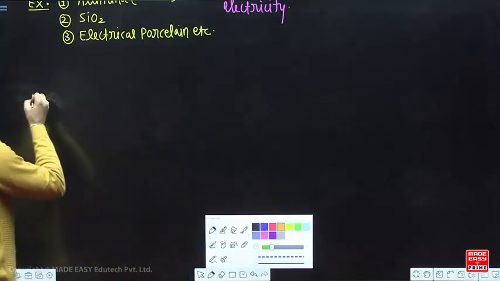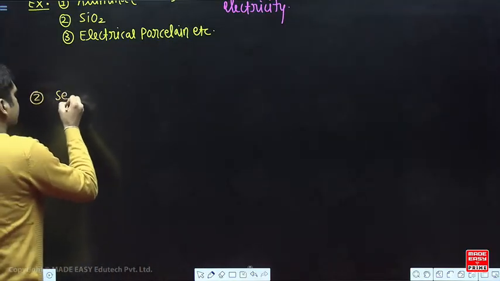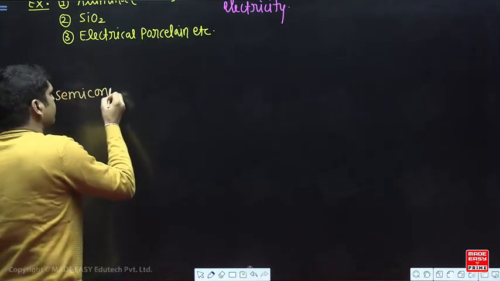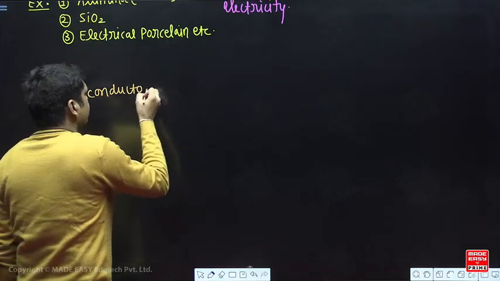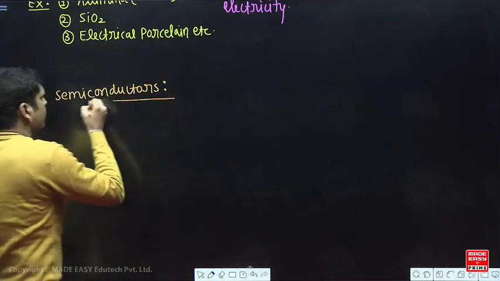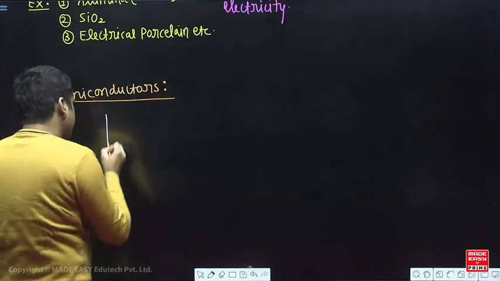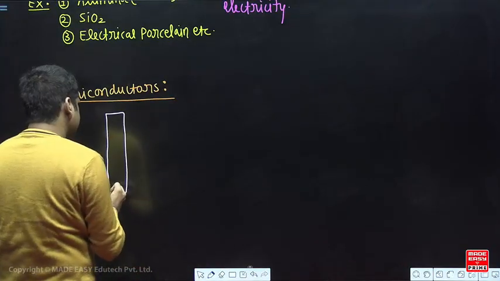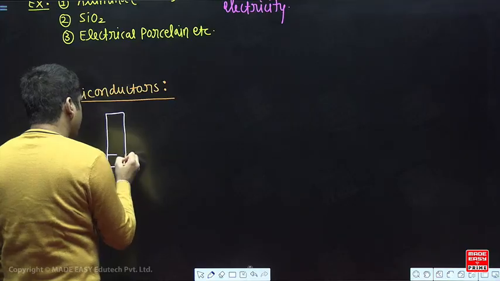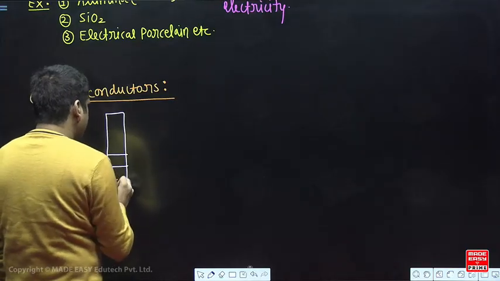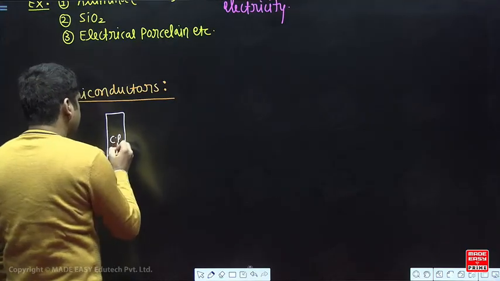Next one is semiconductors. These materials have a narrow energy band gap. This is the valence band and this is the conduction band.